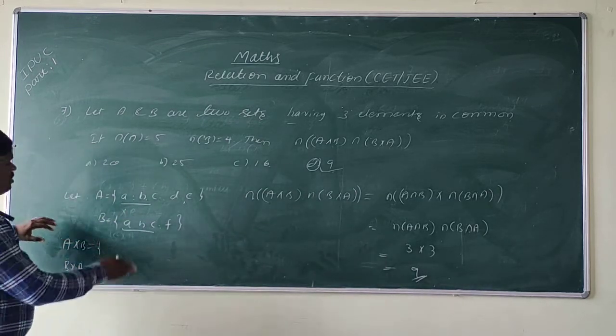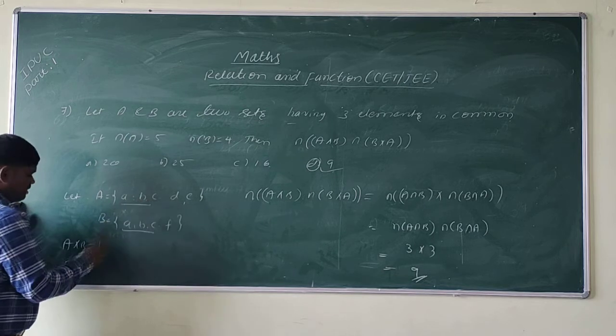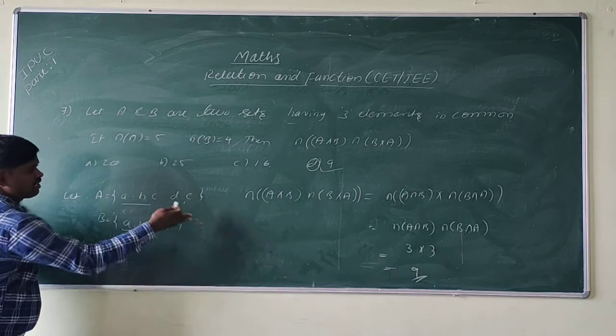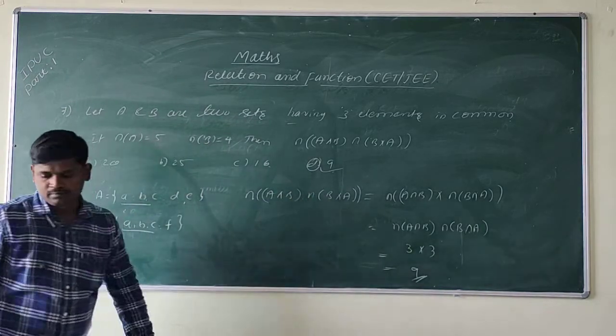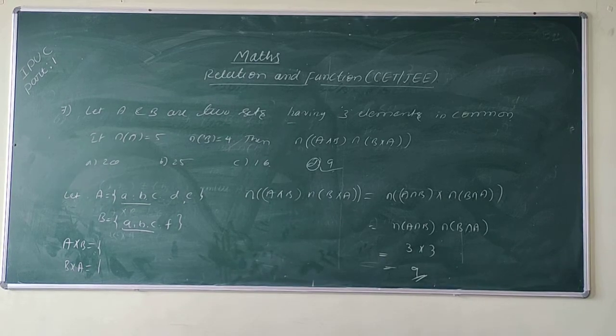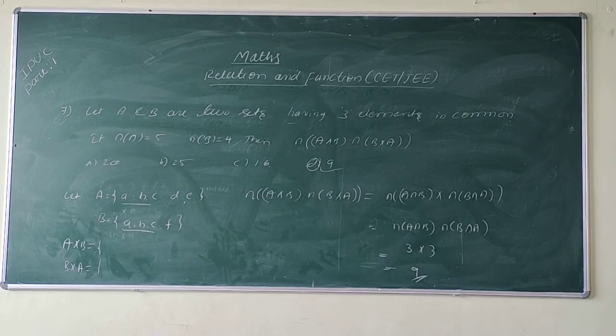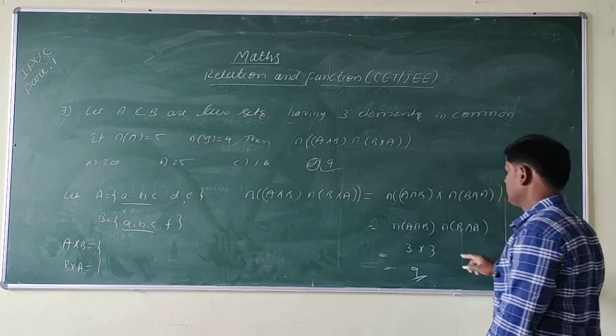So write down: n of A intersection B is 3, because 3 elements are common.